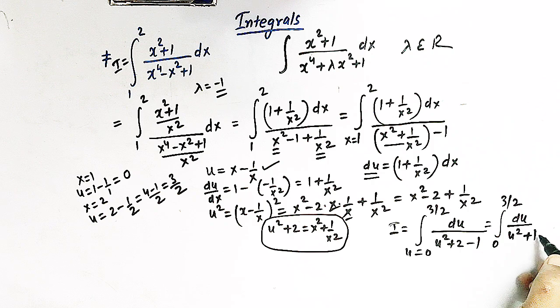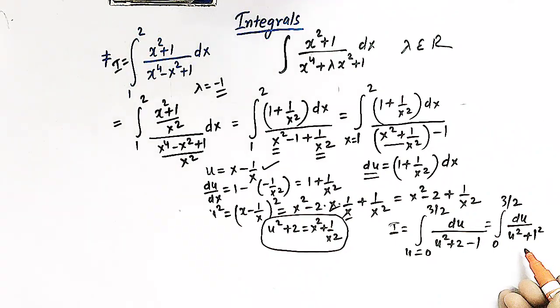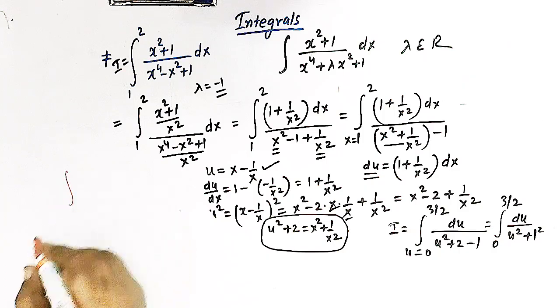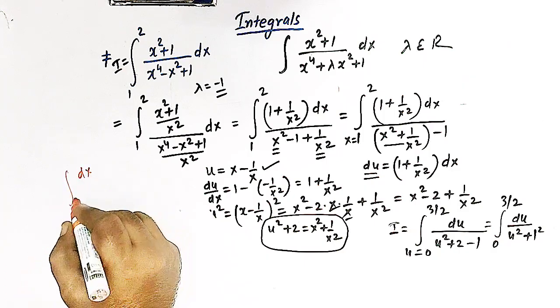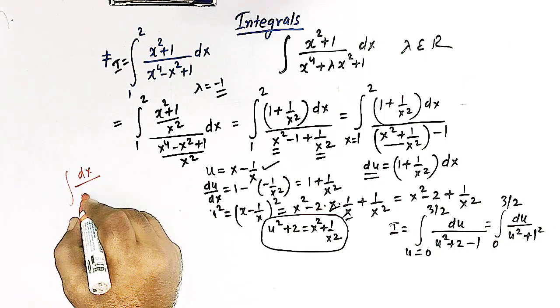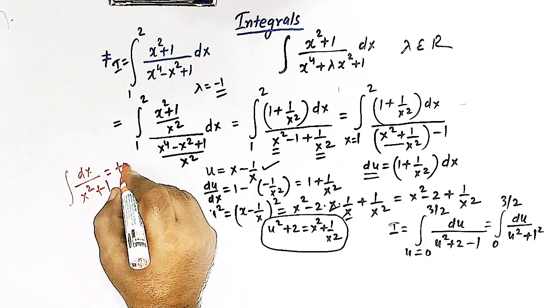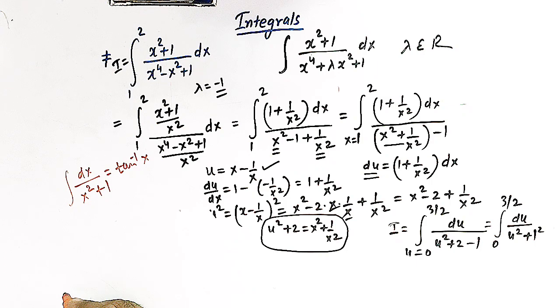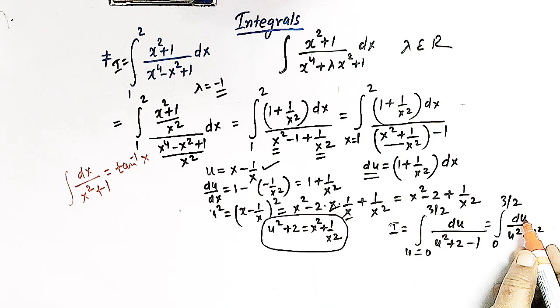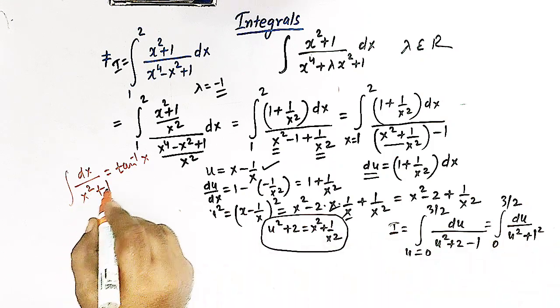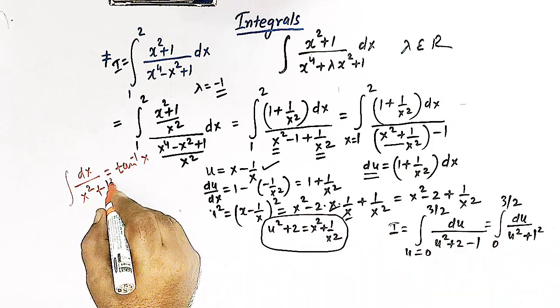Now here 1 can also be written as 1 square. So now this is a standard integral, that is we can make use of this result, that the integral of dx over x square plus 1 is given by tan inverse x, right? So here we have the variable u, du over u square plus 1 square.